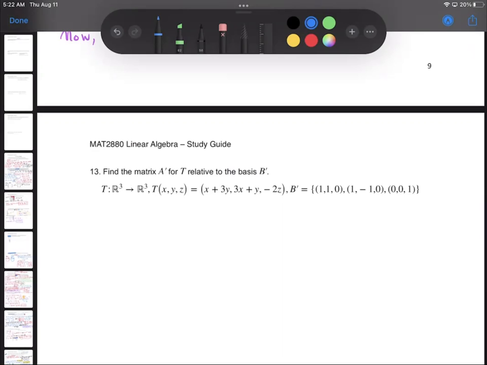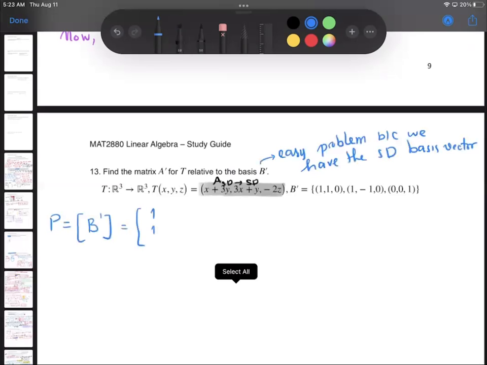Right. Okay, so P is B prime, which is equal to, let me do the columns, just easier, 1, 1, 0, and then 1, negative 1, 0, and then 0, 0, 1. Then P inverse is equal to, you can pause and compute the P inverse.